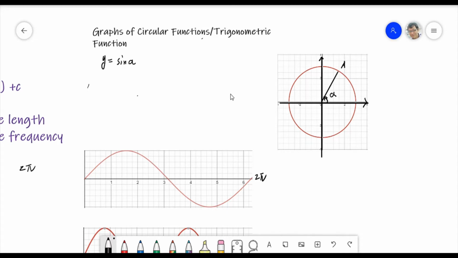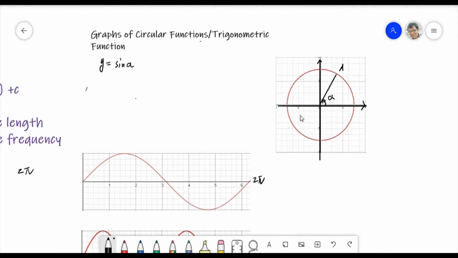So let's see. First, let's review what an angle is here. In this circle, we have the starting side. The starting side is on the x-axis on the positive side, right? And then one side will be raised up, while the other side always stays on the center point.